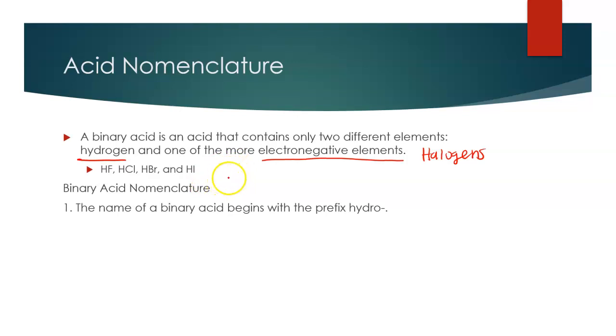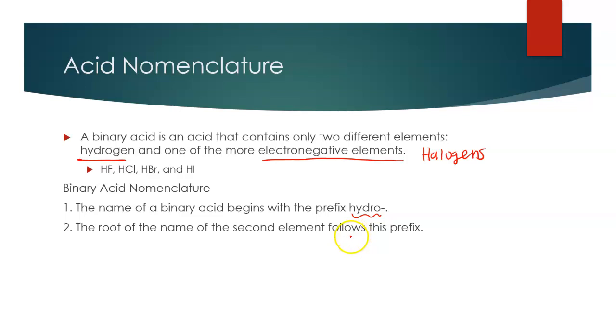The name of the binary acid begins with the prefix hydro, always. Next, the root of the name of the second element follows that prefix, and the name ends with the suffix "ic." So for example, if we wanted to name HF, we would put the hydro prefix.